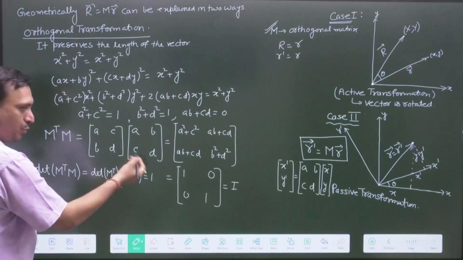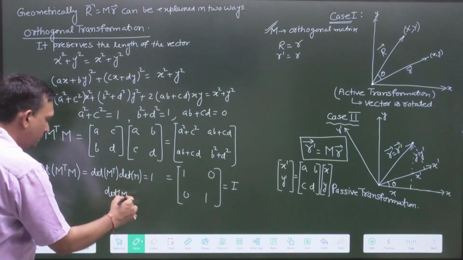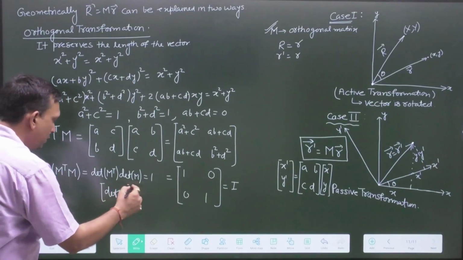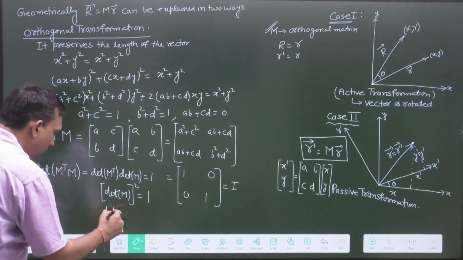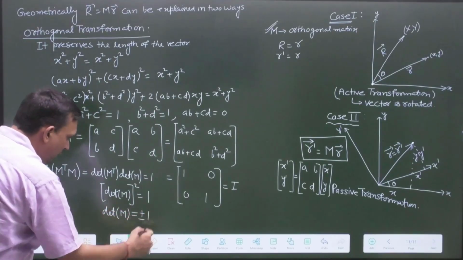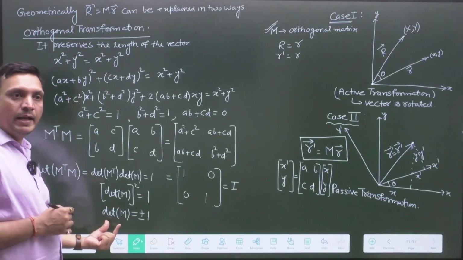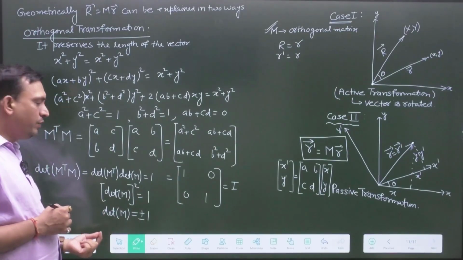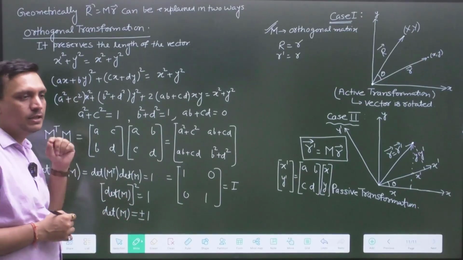And M transpose has the same determinant, so that will give you determinant M whole square is equal to 1. So determinant M will be plus minus. So for an orthogonal matrix, the determinant will always be plus minus, either plus 1 or minus 1.